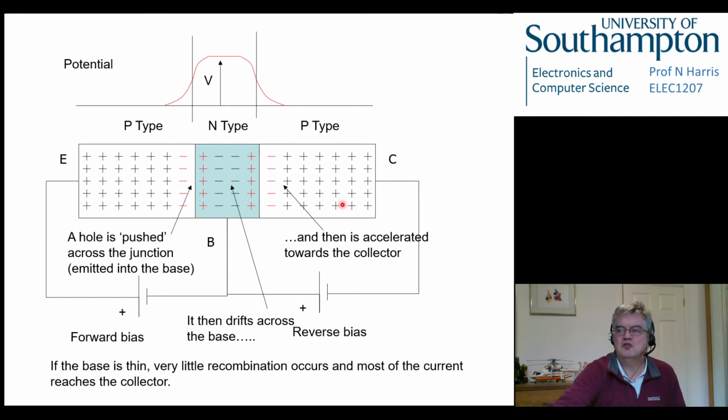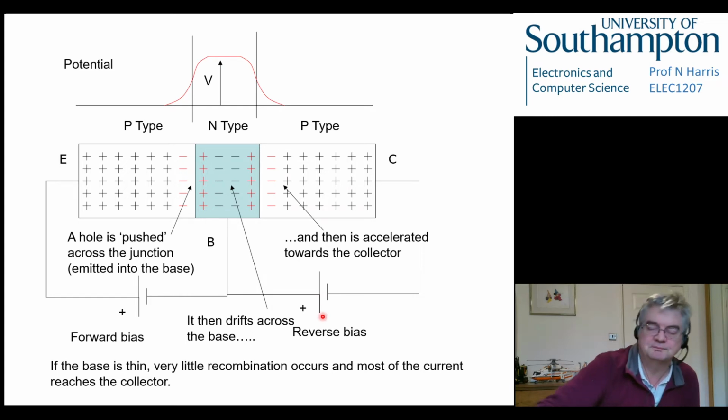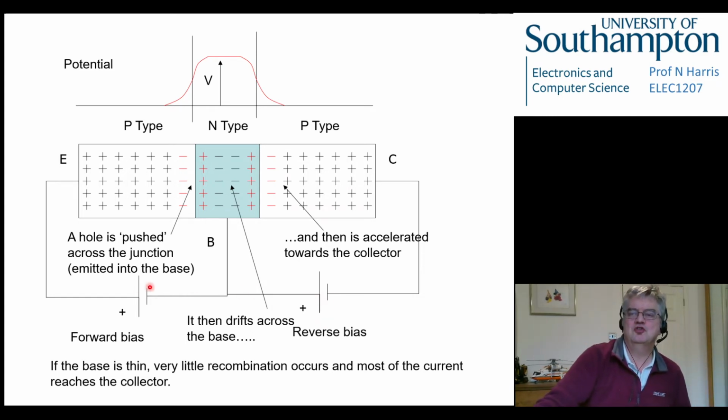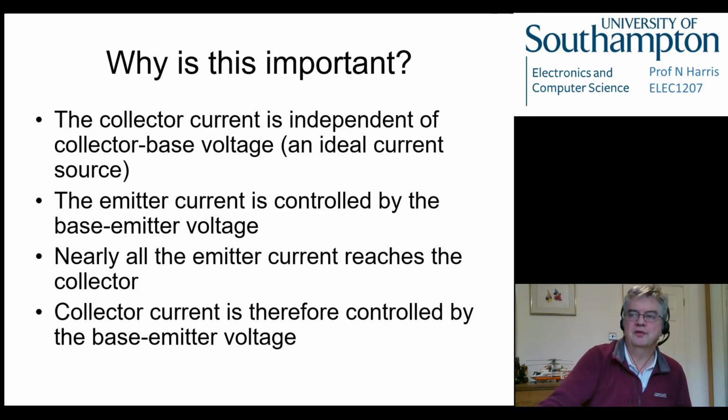Okay, so it's a current source because the current here is constant irrespective of what we do to this voltage here, within reason. So adjust this voltage, adjust this current, fixes this current. This voltage doesn't really come into it. So we've made a current source. That's the important thing. We've made an ideal current source.